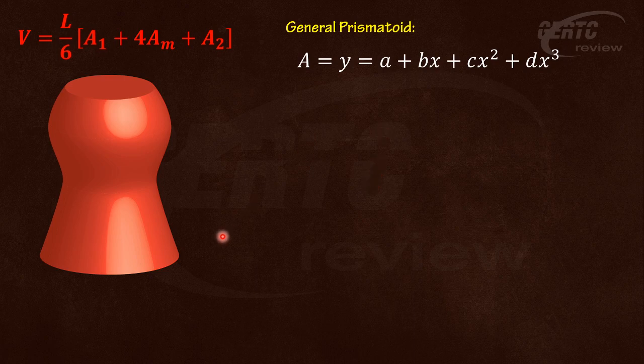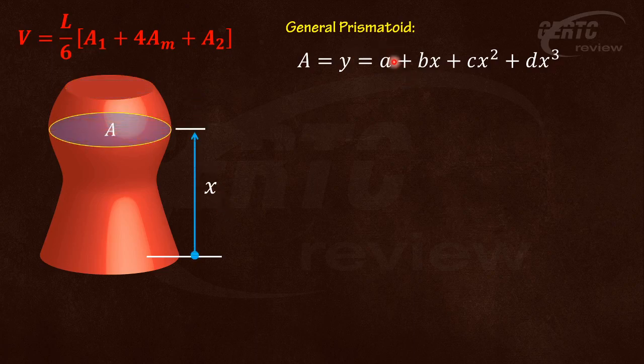And this is the definition or explanation of this. What is x? What is that area? What is that A, B, C, and D? Meaning, if you have here a solid, any solid, cone, pyramid, sphere, cylinder, or paraboloid, or ellipsoid, and you have a reference, say we will use our base, the bottom, then the area at a distance x from this base can be expressed as a function of x, not more than the third degree.